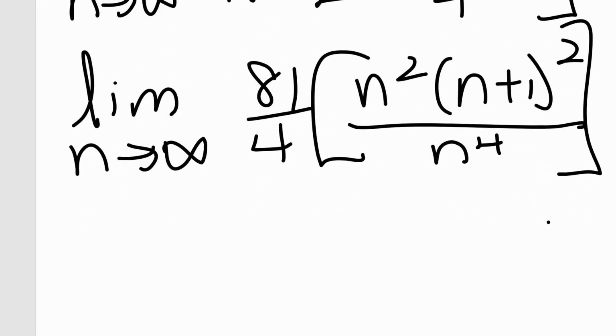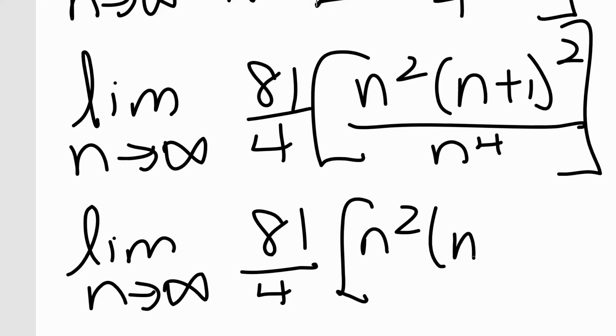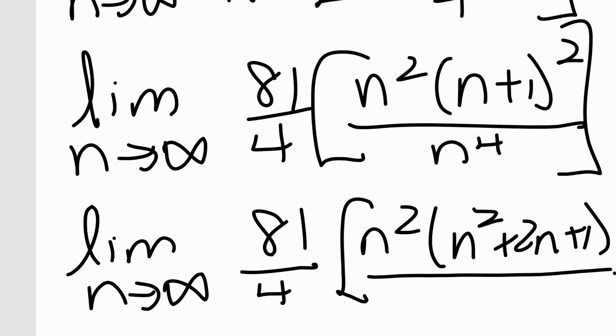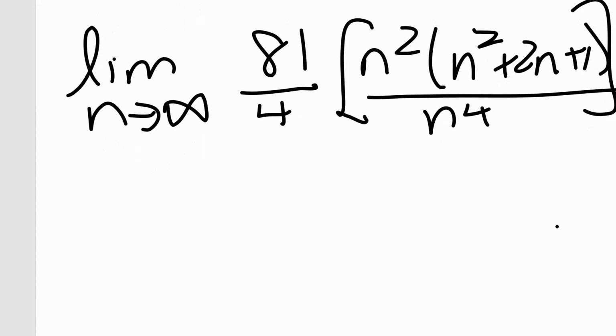All right, then I want to get rid of my parentheses. This is going to be a two-step process. So I get the limit as n goes to infinity of 81/4 times n squared times n squared plus 2n plus 1 all over n to the 4th. All right, now I need to distribute.